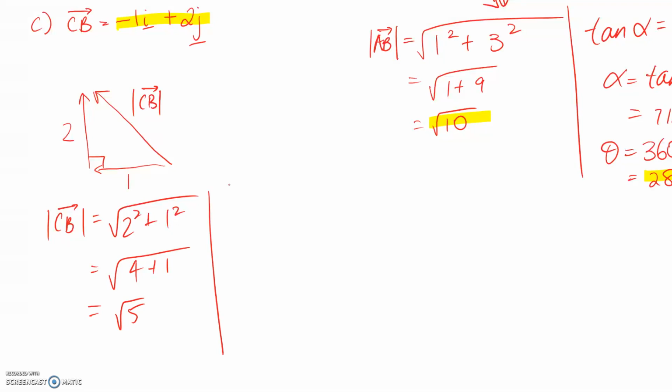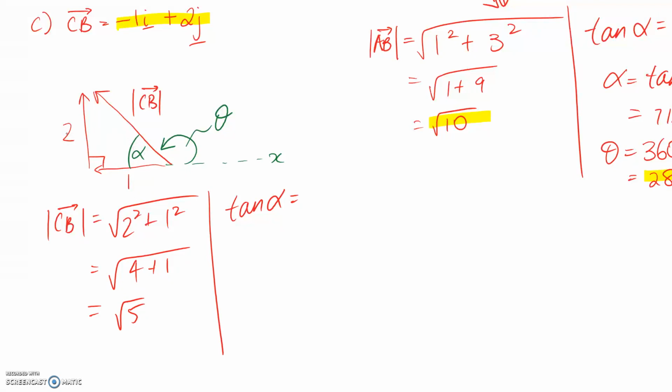And then for the angle, again we want it measured counterclockwise from the positive x-axis. So that's going to be this way round until we hit our vector. That's the theta we need to report. Again, it's not really easy to get that directly. So I might go for this angle in here, which I'll call alpha first, and then we know there's 180 degrees in half a circle, so we can use that to then find theta. It doesn't really matter whether you use sine, cos or tan. I might use tan though.